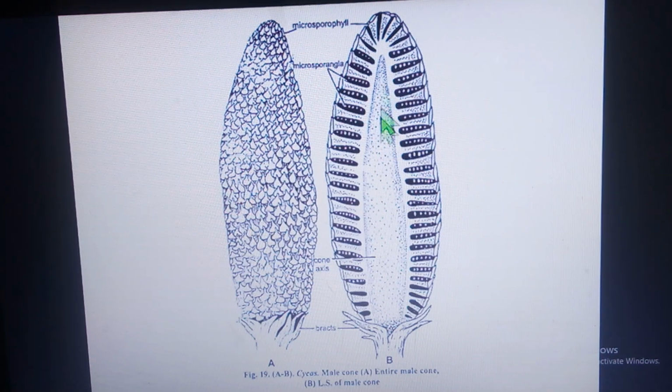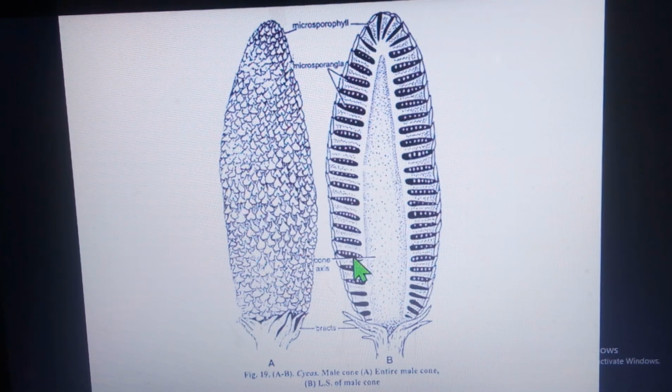Each cone has the male cone axis in the middle with the microsporophylls arranged in a compact structure, spirally arranged in acropetal succession.